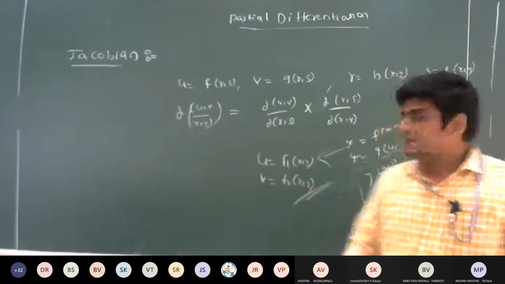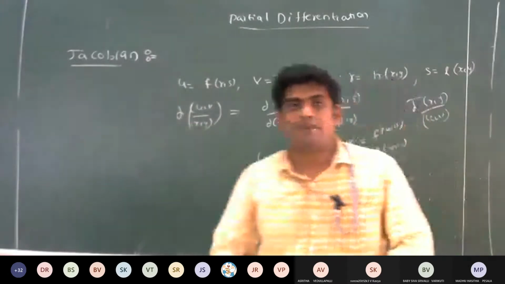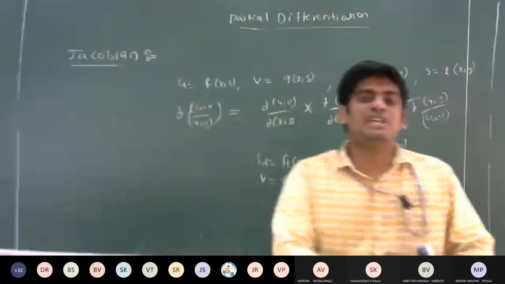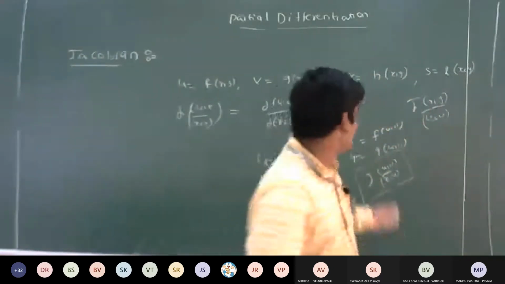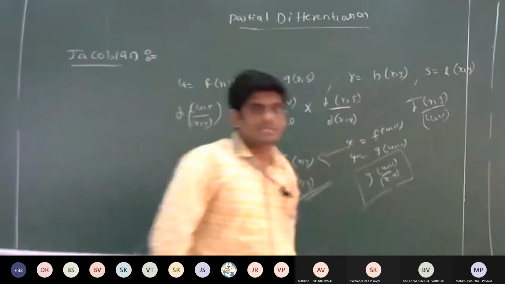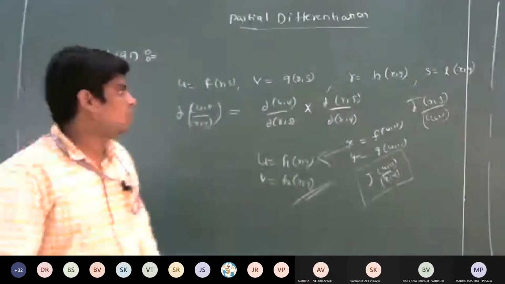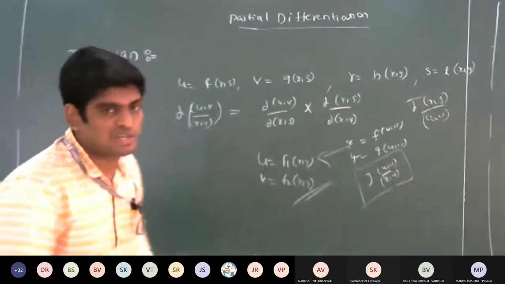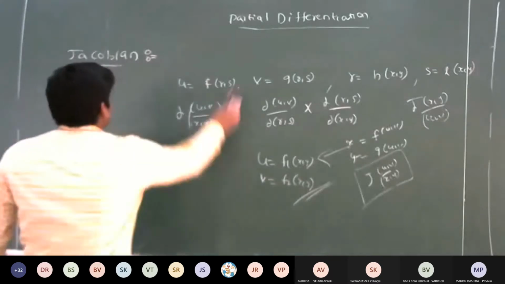Or else, you can change u comma v values in terms of x comma y, so clearly you can calculate the Jacobian of u comma v with respect to x comma y. So this is another way. Now we can solve some problems related to this, then you will get full clarity. Is it clear to you?